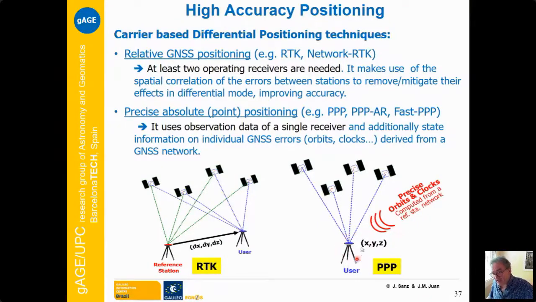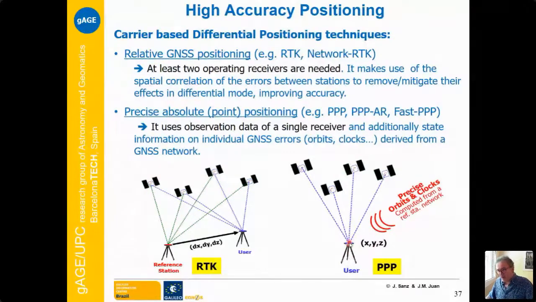Although using a single receiver, this is also differential positioning. Why do I say differential positioning? Yes, this is differential positioning because we compute the user receiver position relative to the network of stations used to compute these corrections, to compute these precise orbits and clocks.